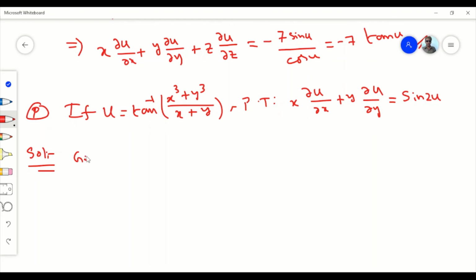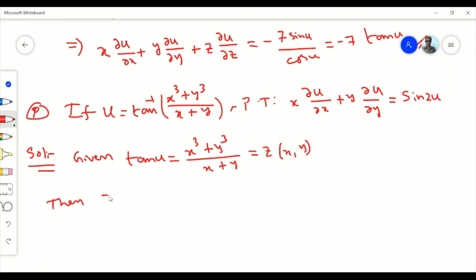So again, just like in the previous problem, you can write tan u equal to x cube plus y cube by x plus y. You name it as a new function z of xy. Then z of kx, ky is k square into z of xy, because replacing x by kx and y by ky, you will get k cube in the numerator and k in the denominator.